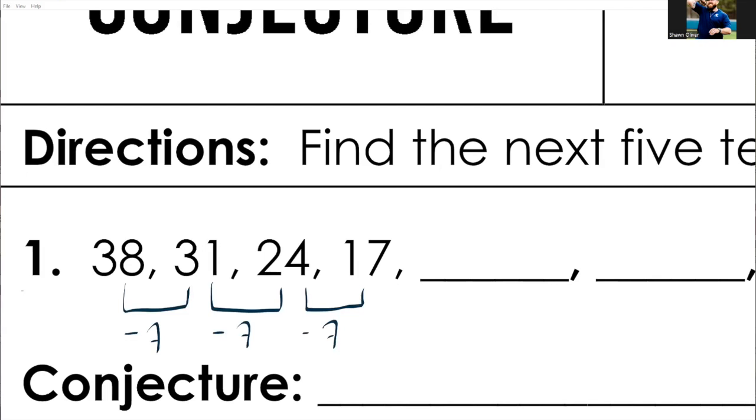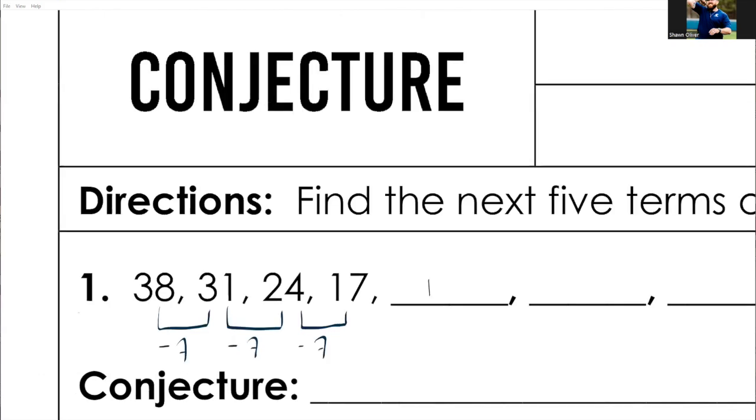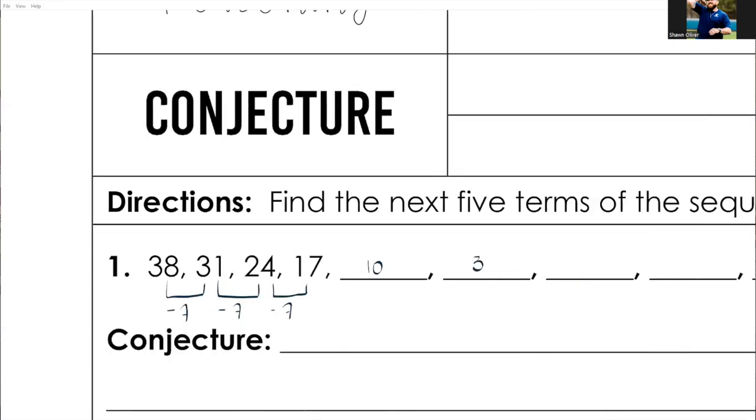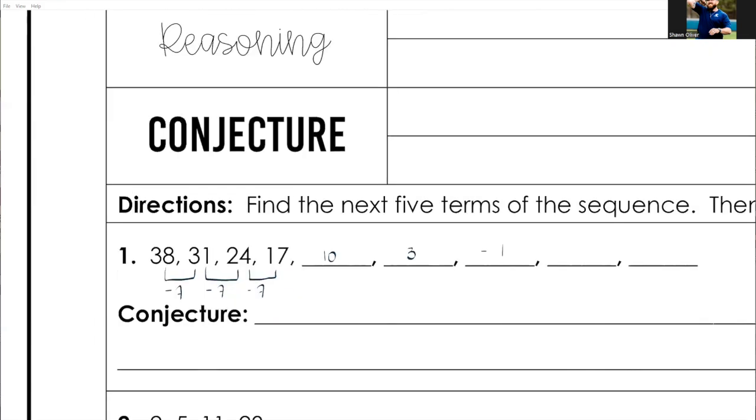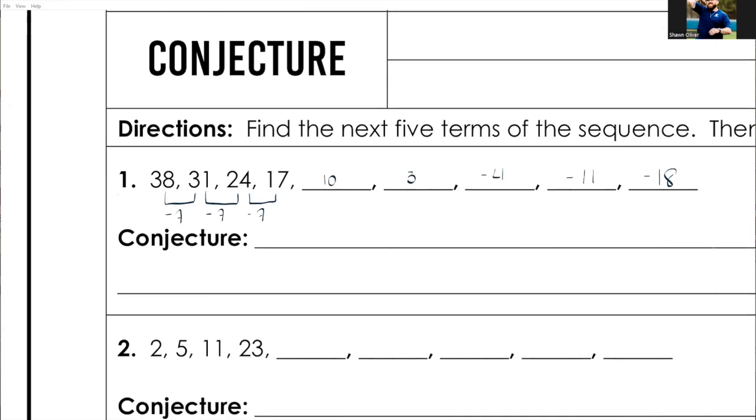If that's what we believe to be the pattern, our next 5 numbers are going to be 10, 3, -4, -11, and -18. So that's us completing the pattern. And then our conjecture would be just like our classmate said, decreasing by 7.